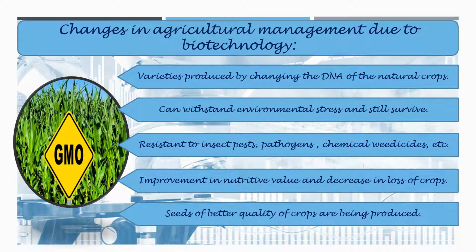And this has created increased cultivation throughout the world, and high yielding varieties, that is HYV, of GM crops like banana, maize, rice, potato, soybean, tomato, cotton, apple, brinjal, papaya, beet, rose, tobacco, wheat, etc. are now available.